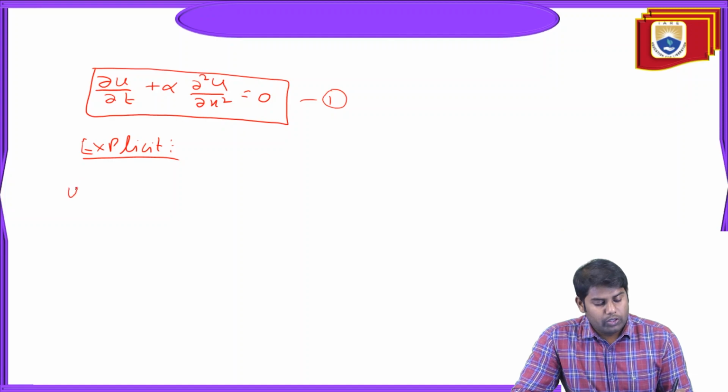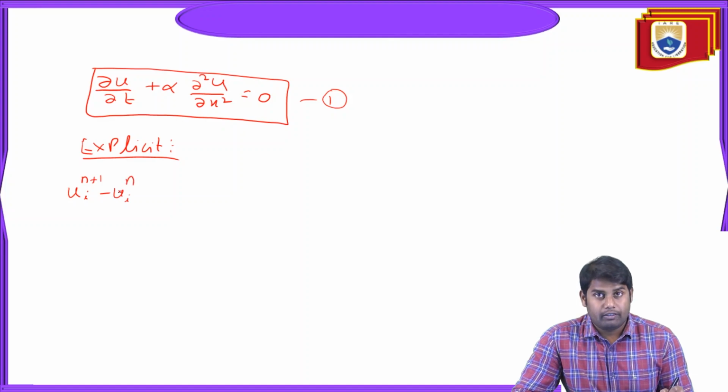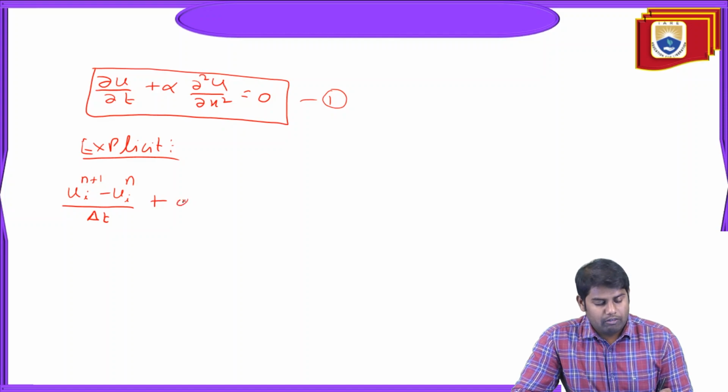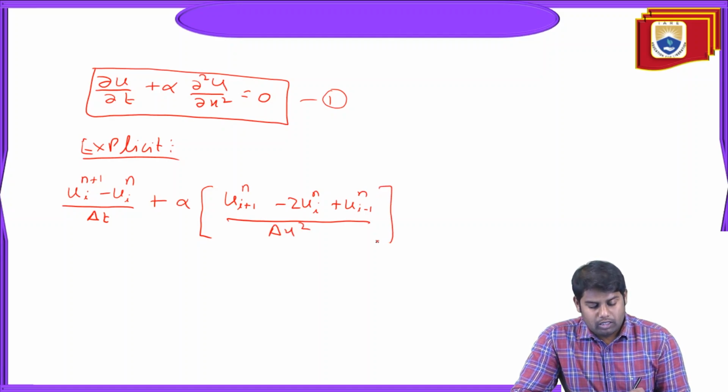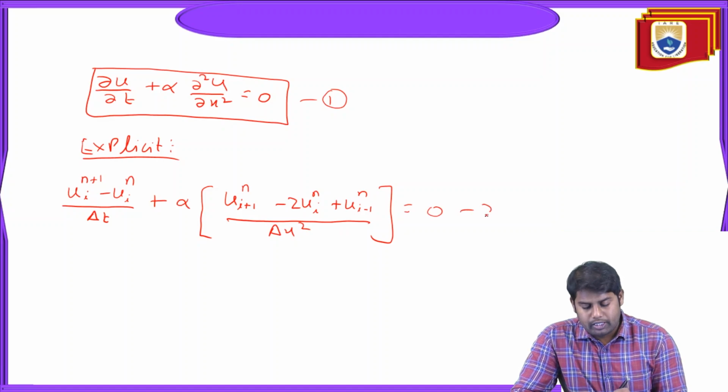Simply in 1D, we take u of i to the power of n plus 1 minus u of i to the power of n, divided by delta t, plus alpha into u of i plus 1 to the power of n minus 2 u of i to the power of n plus u of i minus 1 to the power of n, divided by delta x square, is equal to 0. Let us take this as equation 2.